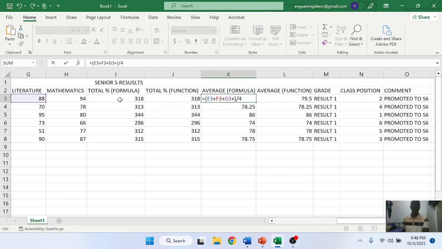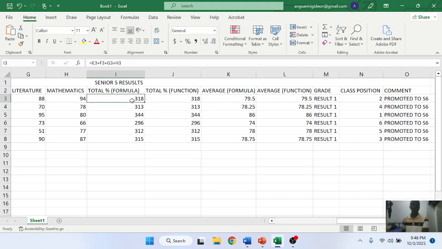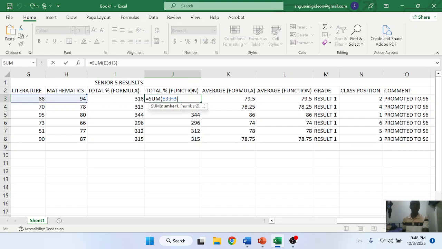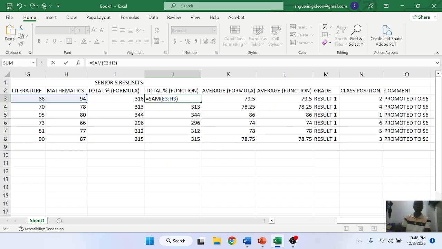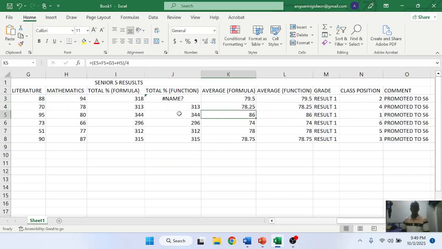Let's say when adding the total here, we wrote it wrongly. It brings #NAME?, meaning that the name of the formula you input is a wrong one.